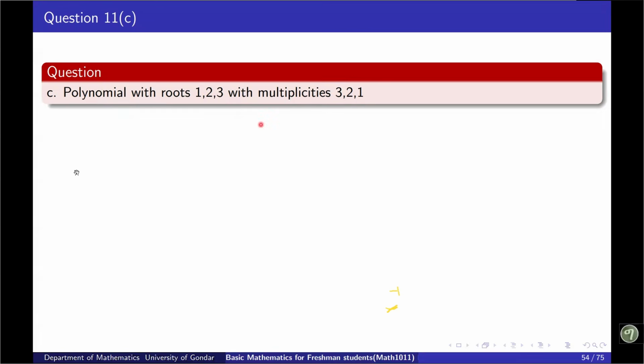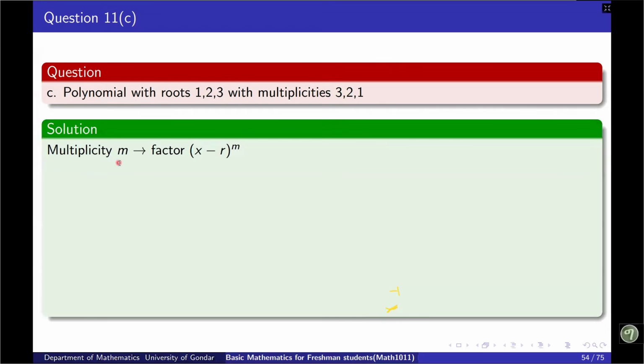Let us say something about multiplicity. r is said to be a root of the given polynomial function with multiplicity m whenever (x minus r) to the power of m is a factor of the given polynomial function.